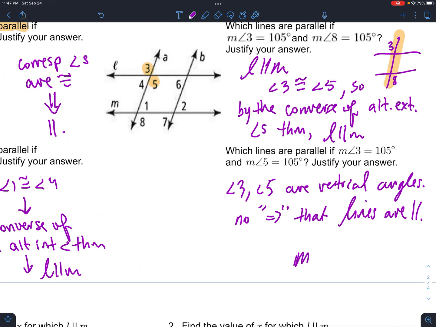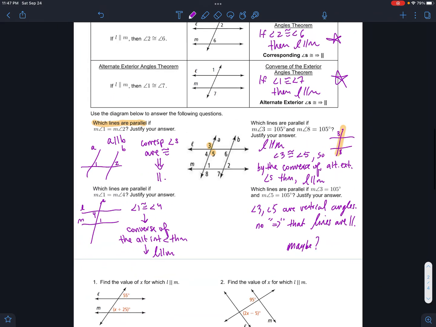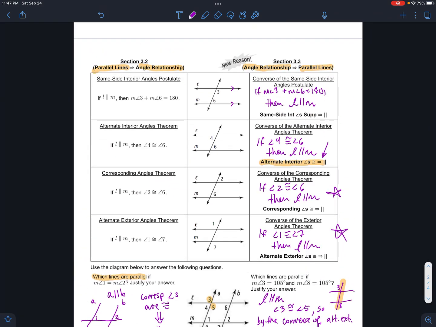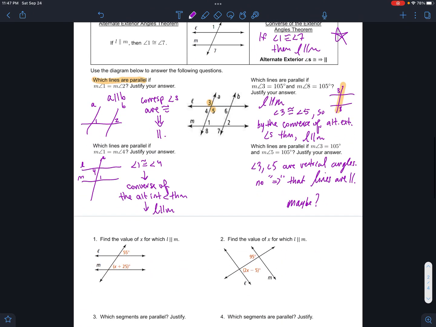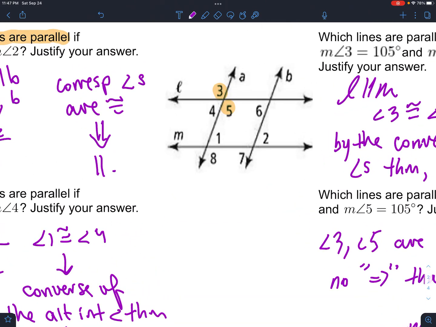The answer to this is maybe. It's sometimes. Because we only have 4 ways to prove lines are parallel. Legitimately, we only have 4 ways, and vertical angles is not one of the ways to prove lines parallel.